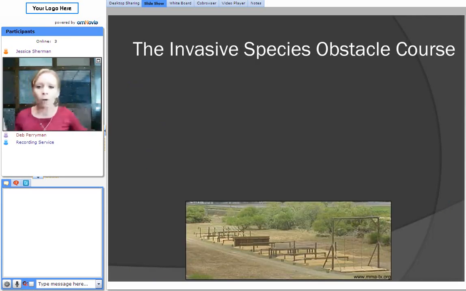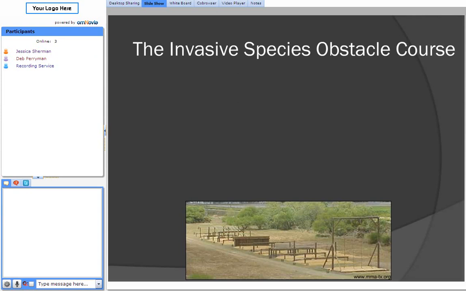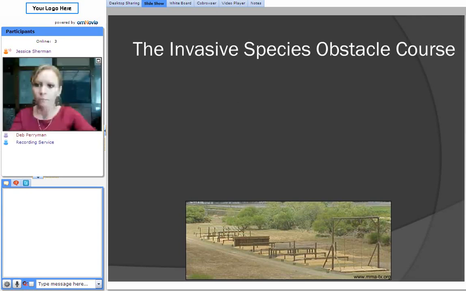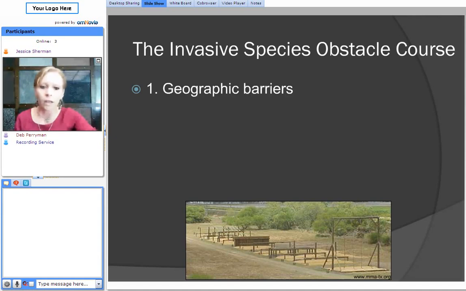Okay, now for these species to be introduced to an area and survive and thrive, they have to overcome this obstacle course. So I'm going to outline what the invasive species obstacle course is, and then I'm going to give you a case. So the invasive species obstacle course is: there are geographic barriers that an invasive species has to overcome.